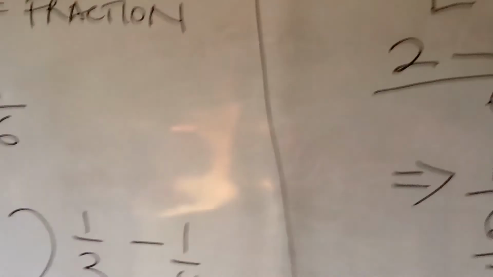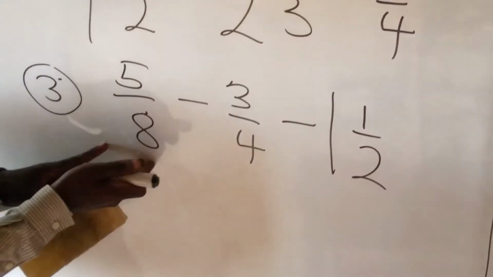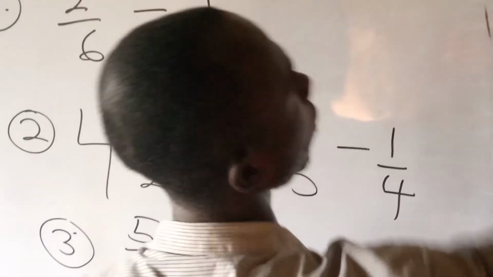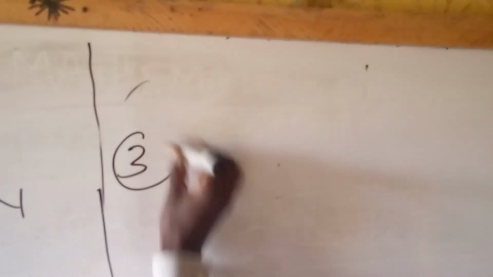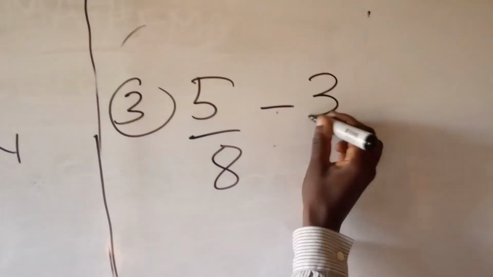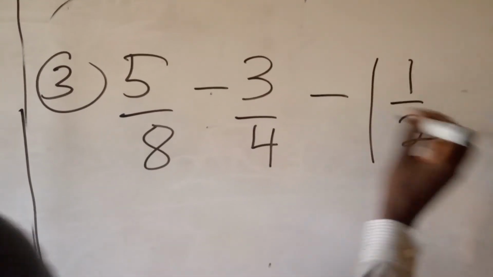Let's take our final example. Example 3. The third example: 5 over 8 minus 3 over 4 minus 1 whole number 1 over 2.